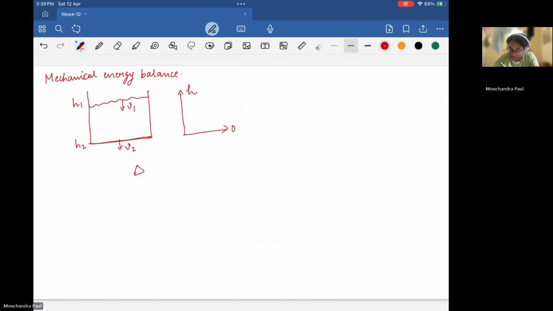So we can simplify the mechanical energy balance equation like this, where this term is for the kinetic energy and this term is for potential energy.